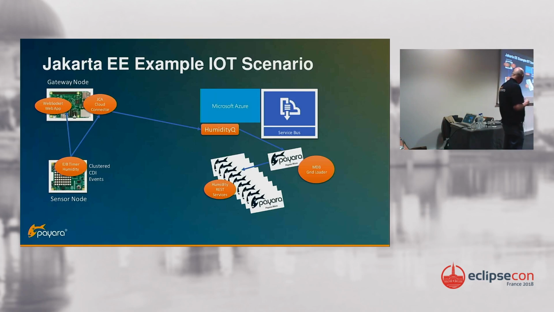It's generating measurements of humidity in the room at the moment. That's networked through a switch to another Raspberry Pi, which is acting like a gateway node, to take samples from the network. It has an embedded web application with which you can view and measure humidity.